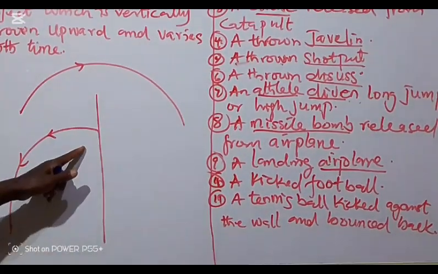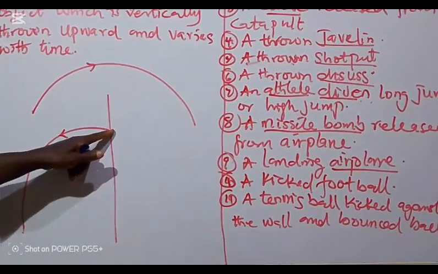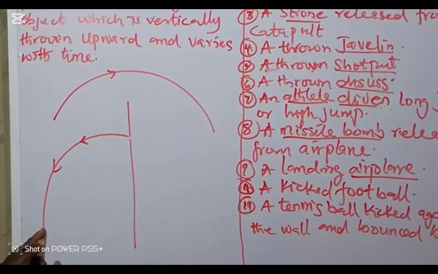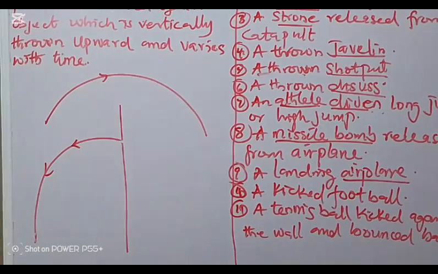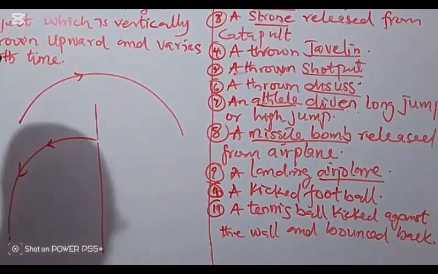As I said the other time, when you throw a tennis ball against the wall and it bounces back, the motion will curve like this. So that's a typical example of projectile motion. Let me add one more.